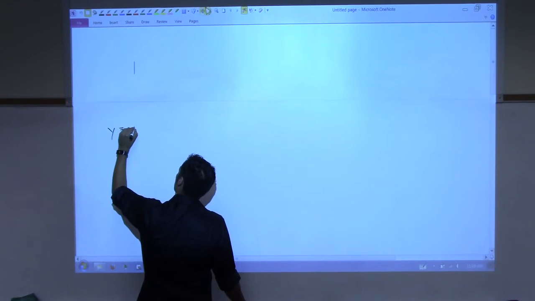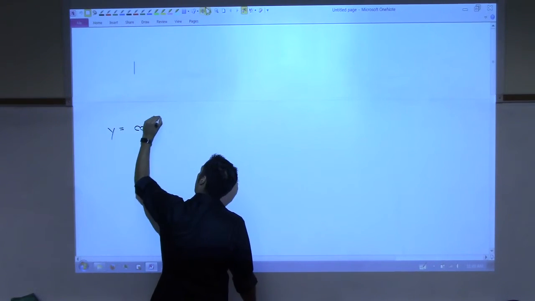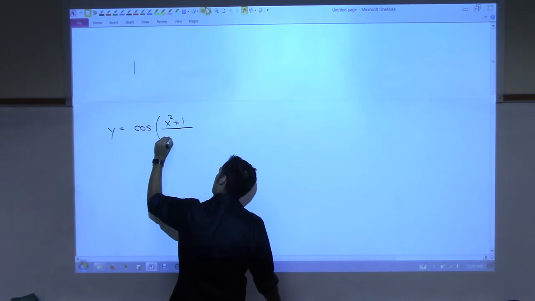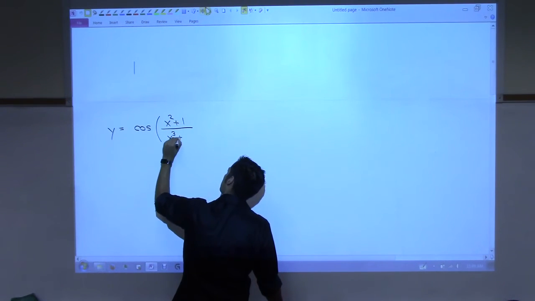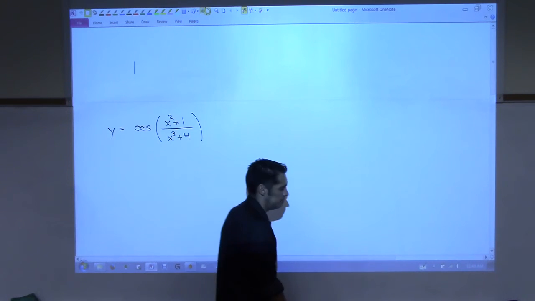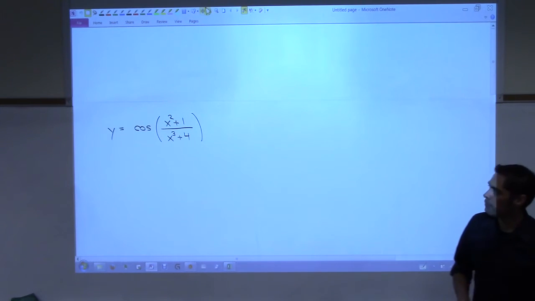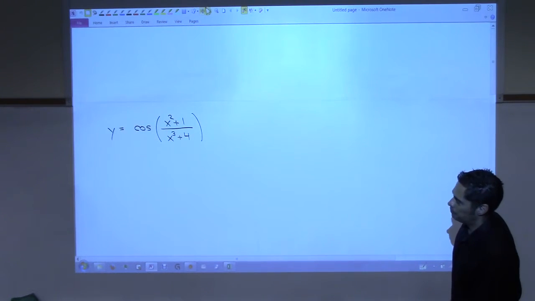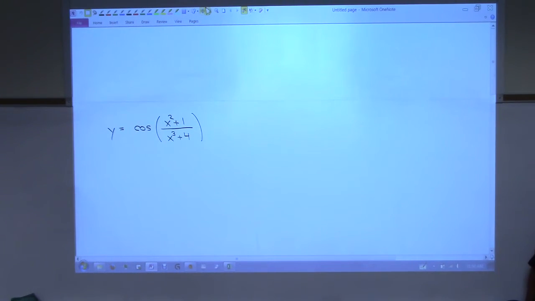All right, so how about this? How about cosine of x squared plus 1 over x cubed plus 4? What do you see? See a quotient rule.